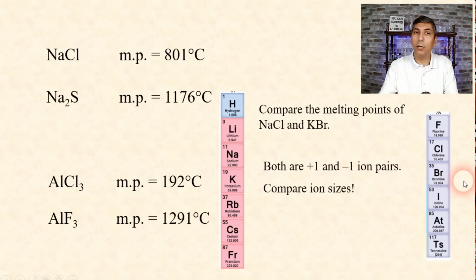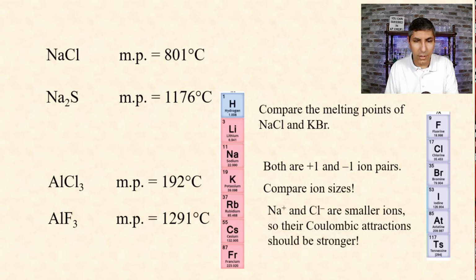That tells us that sodium chloride should have a higher melting point and potassium bromide should have a lower melting point. And sure enough, that is exactly what you have. Sodium chloride is several degrees higher in its melting point, because sodium and chloride are smaller ions, so their Coulombic attractions are going to be stronger.